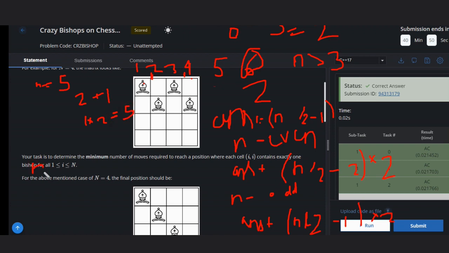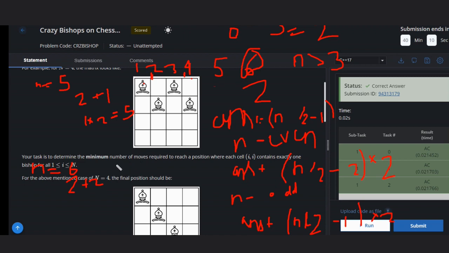Let's consider n equal to 6. Initially n is greater than 3, so the answer will be 2. Then we add n by 2 minus 1. n by 2 is 3, minus 1 is 2, so 2 will be added. And here n is even. Sorry, since n is even here, we have to subtract 2.